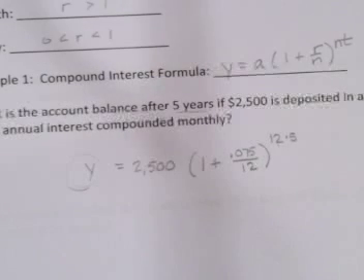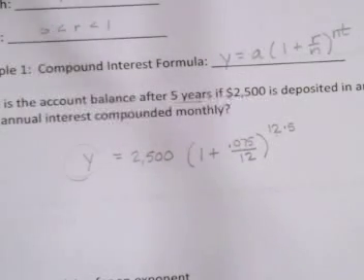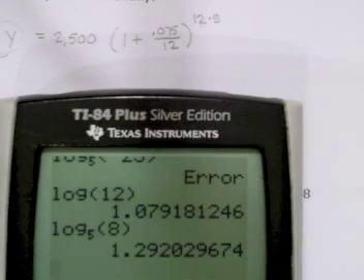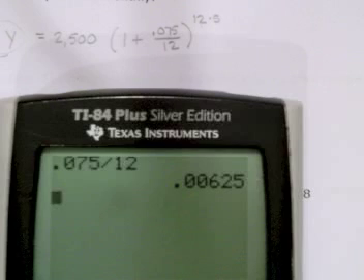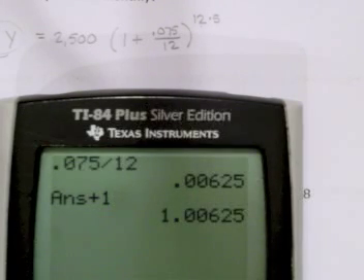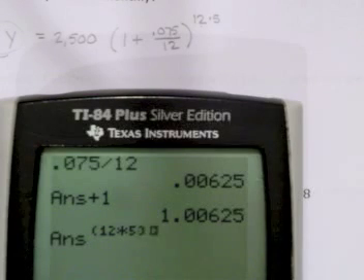So what I want to do is evaluate this expression here, and the keystrokes are very important, so we pay attention to order of operations. So I'm going to go through that. What I do is I put in 0.075 for the interest rate and I divide that by 12 and I just hit enter. And then I have to add 1 because, of course, we have to do what's inside our parentheses before we do anything else. And then I take that value and I take it to the 12 times 5 power.